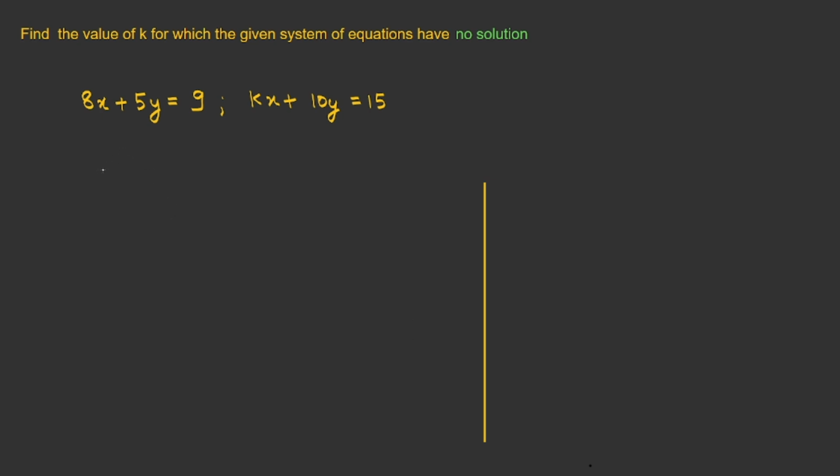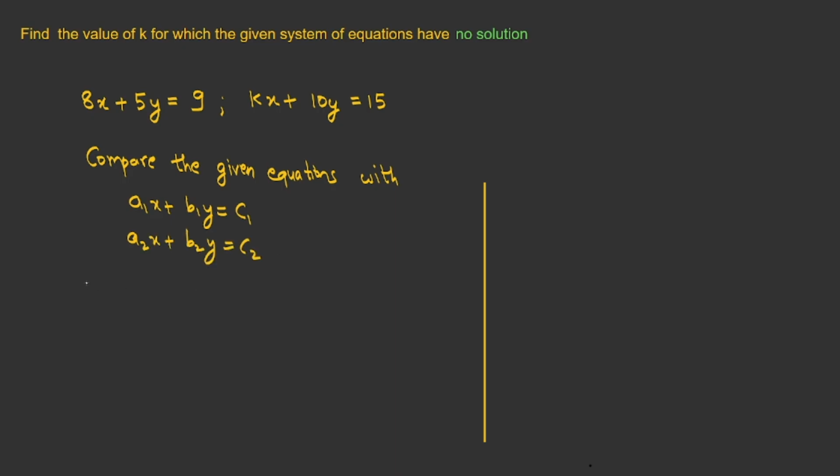Again, you will compare the given equations with the standard equations a1x plus b1y equals c1, a2x plus b2y equals c2. So from here you will get the values: a1 equals 8, b1 equals 5, c1 equals 9 and a2 equals k, b2 equals 10 and c2 equals 15.